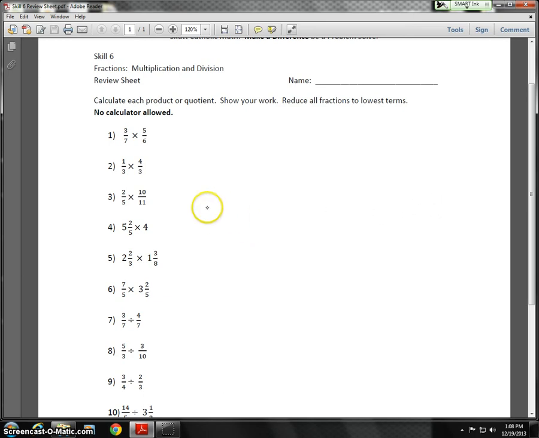Let's take a look at number 8. So we have 5/3 divided by 3/10. Remember, when dividing our fractions, we multiply by the reciprocal of the second fraction. So the reciprocal of 3/10 is going to be 10/3.